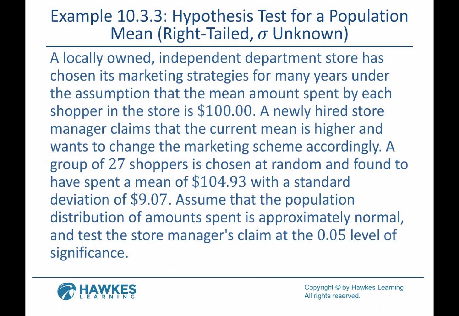As we're scrolling through, it had a group of 27 shoppers. That's our sample size. It had a mean of 104.93. That's x bar. The standard deviation of $9.07, that's s, because it doesn't say population standard deviation. It's just sample standard deviation.